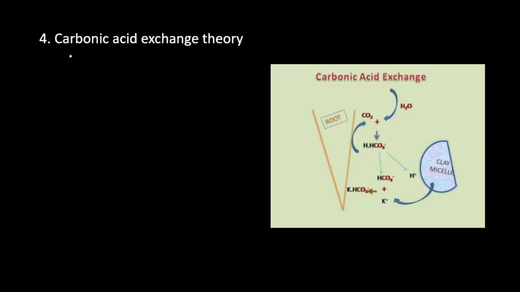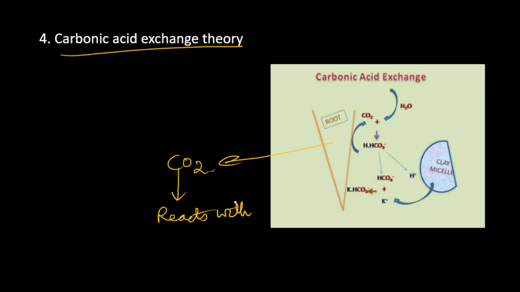Next we have carbonic acid exchange theory. The carbon dioxide is released in respiration. Suppose this is the root. I'm just simply letting you understand. Basically, the root will release carbon dioxide. This CO2 reacts with water, H2O, and forms carbonic acid.